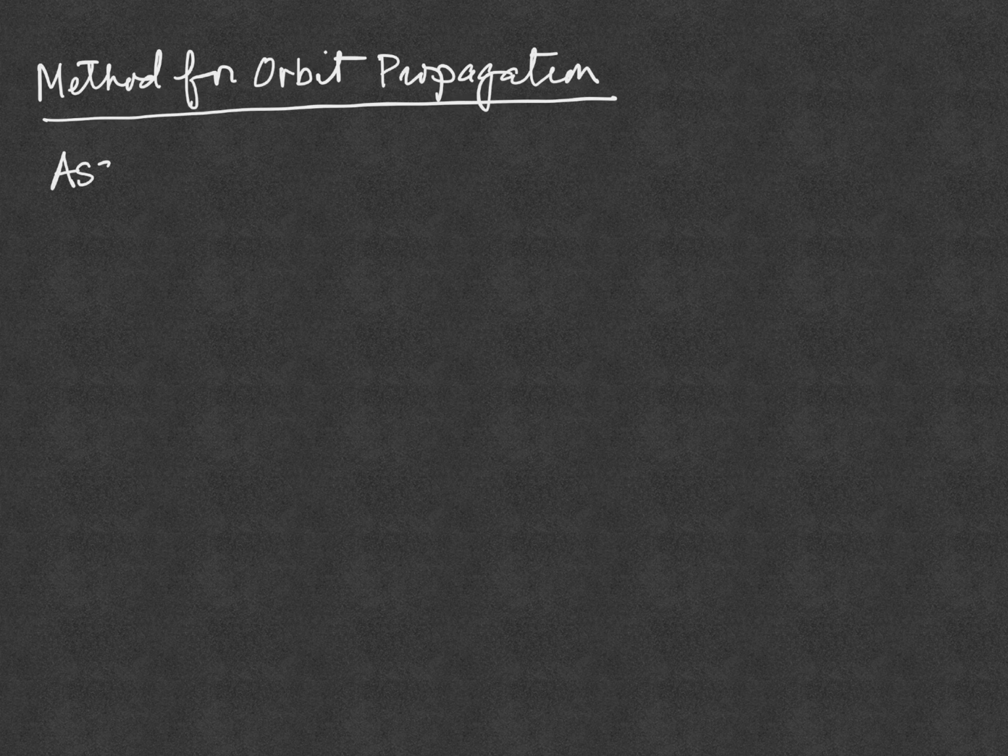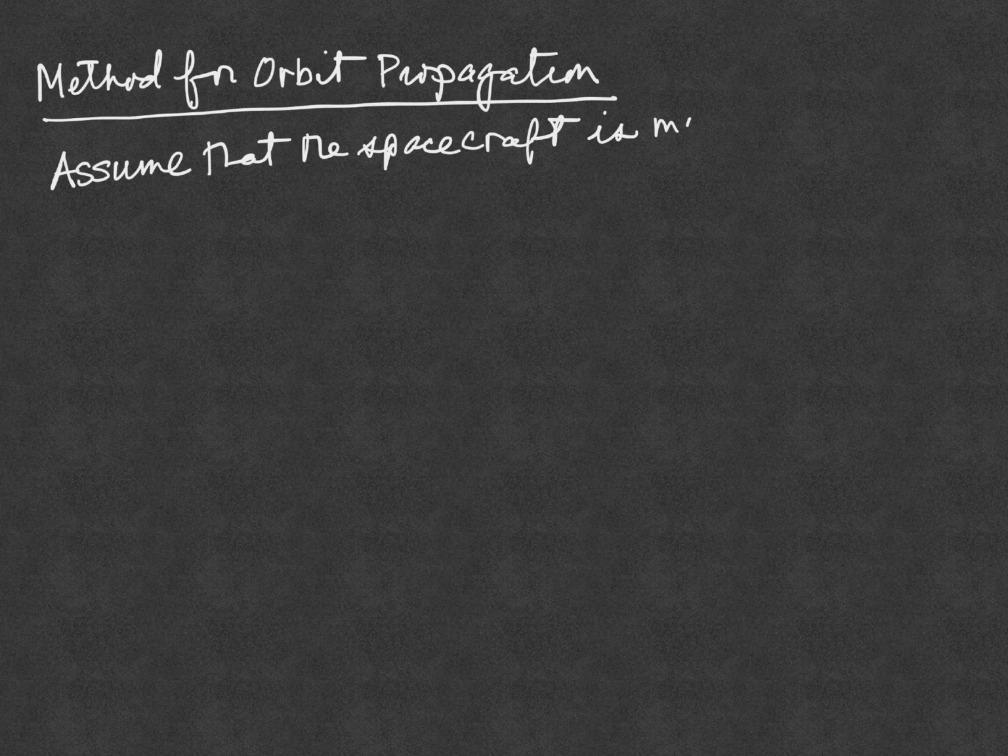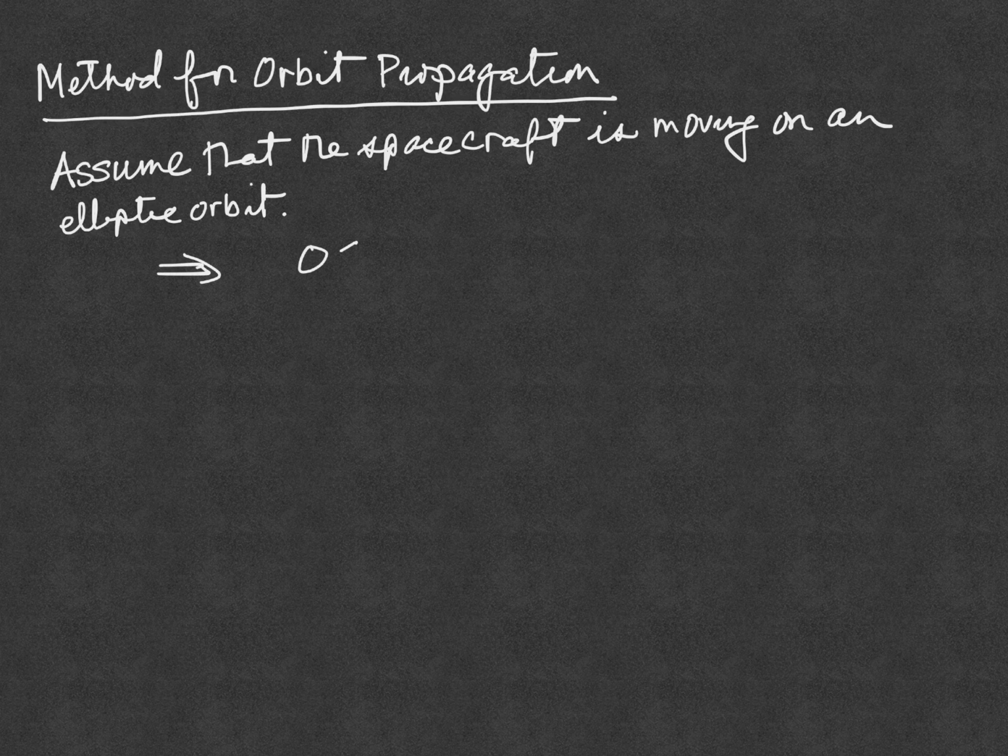So assume that the spacecraft is moving on an elliptic orbit. If it's moving on an elliptic orbit, that immediately implies that the eccentricity has to be between 0 and strictly less than 1. It can't be a parabola and it can't be a hyperbola. We're not dealing with that particular case.